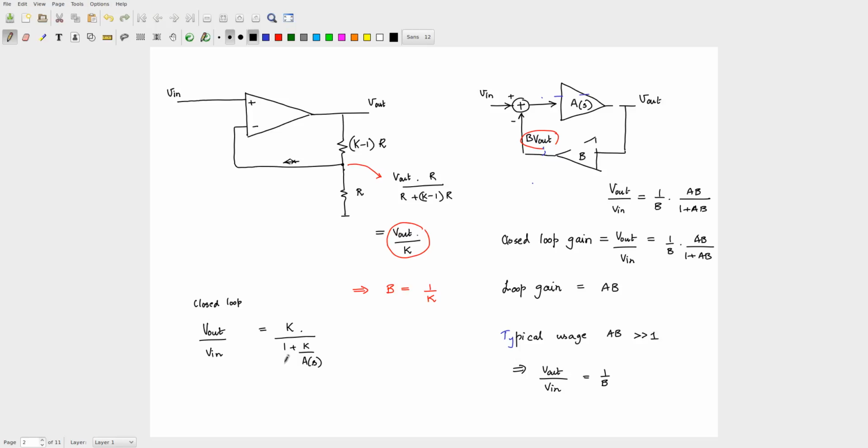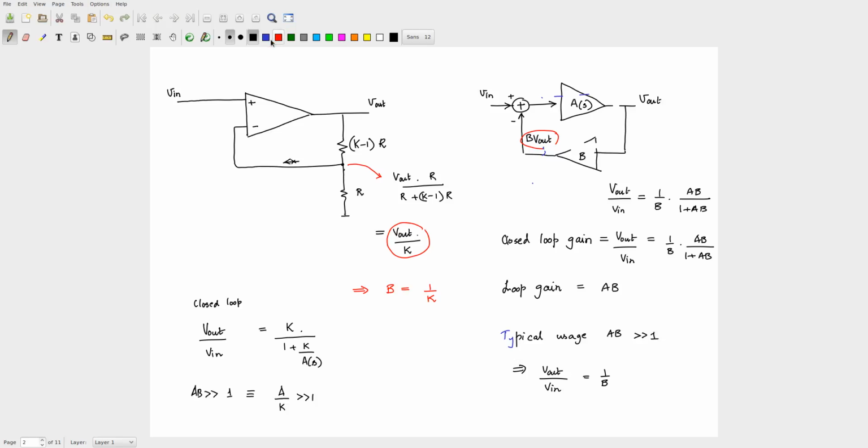So you should put that condition here. AB greater than 1 is identical to what in terms of K? It's A by K greater than 1. So if your A by K is greater than 1, you get V out by V in being equal to K, which is what you had.